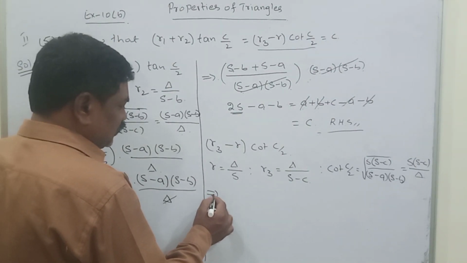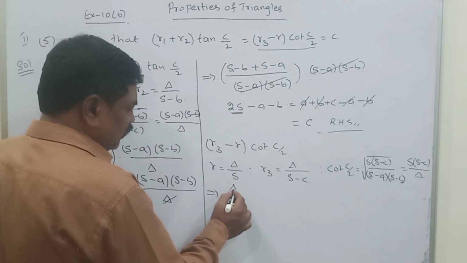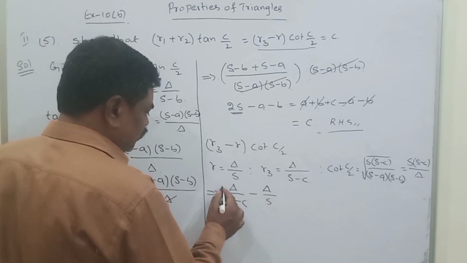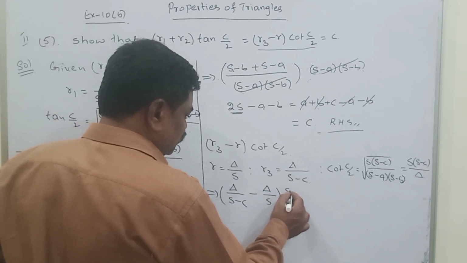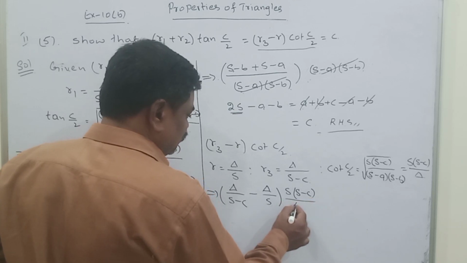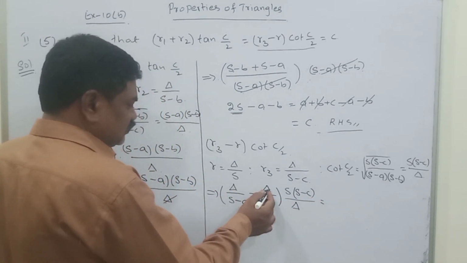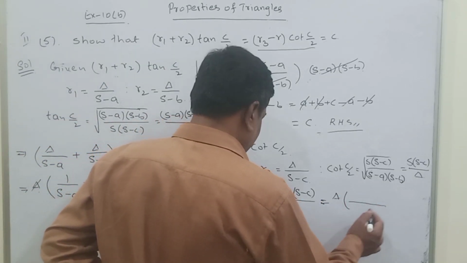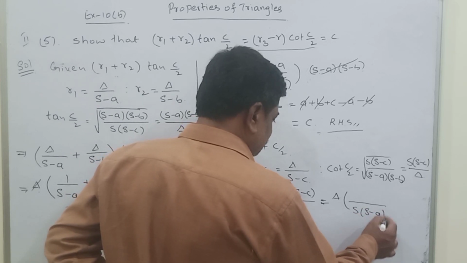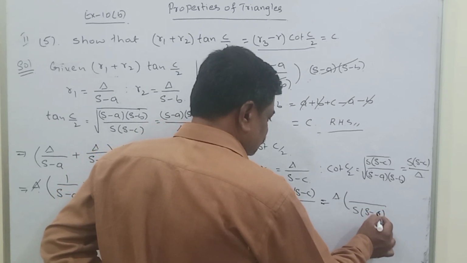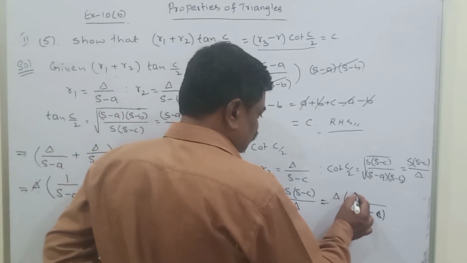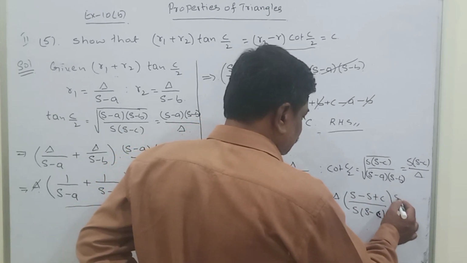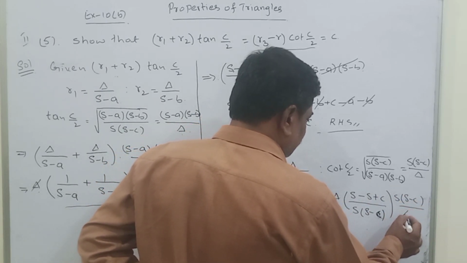Then you have to substitute here: R3 delta by S minus C minus delta by S into S into S minus C by delta. From this you have to take numerator delta. So delta of, take LCM, S into S minus A, S minus C, S into S minus C, S minus S plus C into S into S minus C by delta.